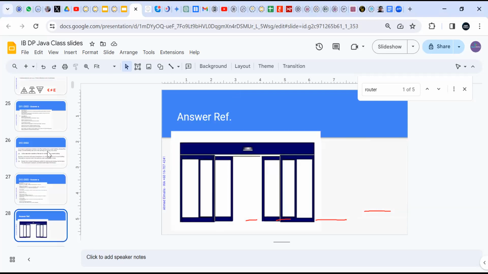Well, I'd assume a proximity sensor would first of all check to see if a person is standing in front of the doors, and then that signal would be sent to the processor, and then the processor would send a signal to the output transducer, which would then make the door open according to that. Okay, perfect.